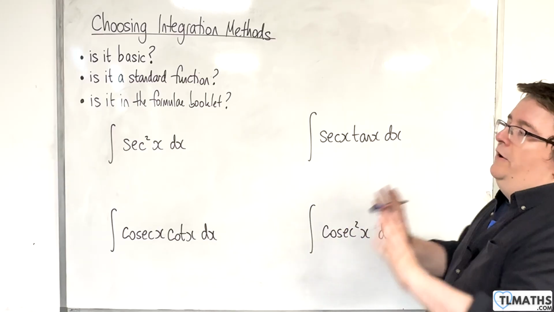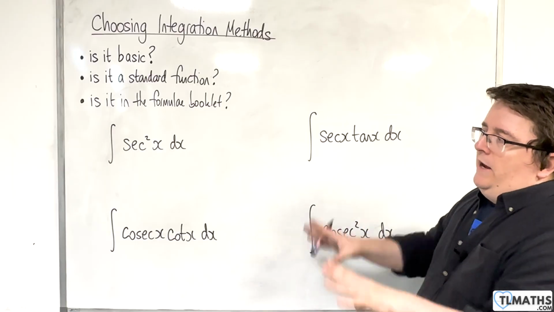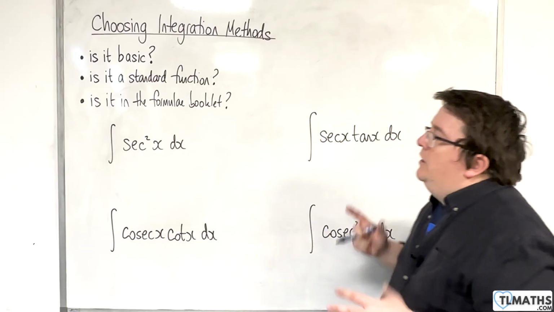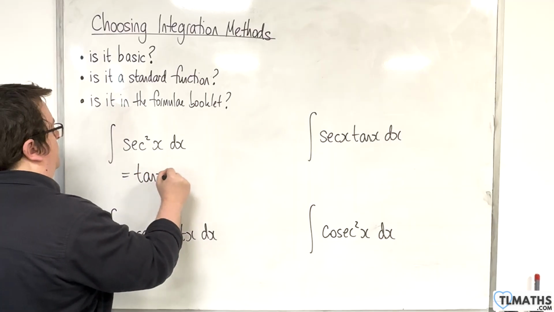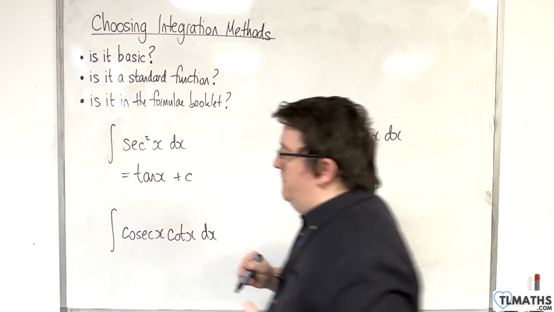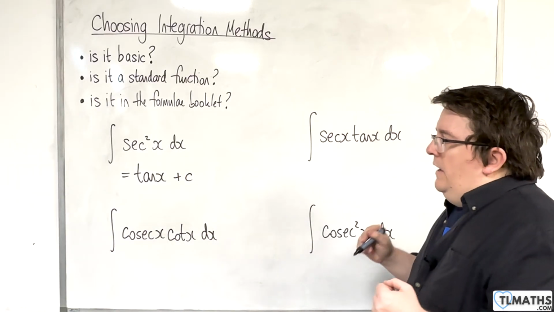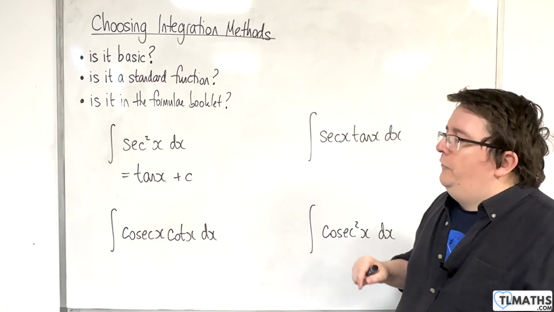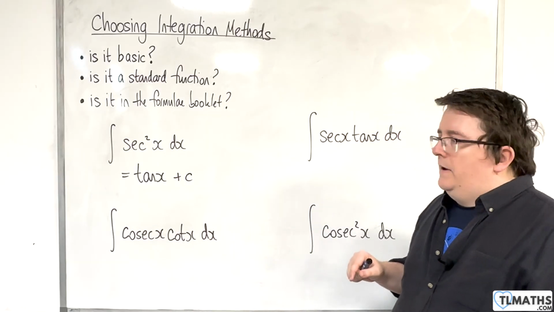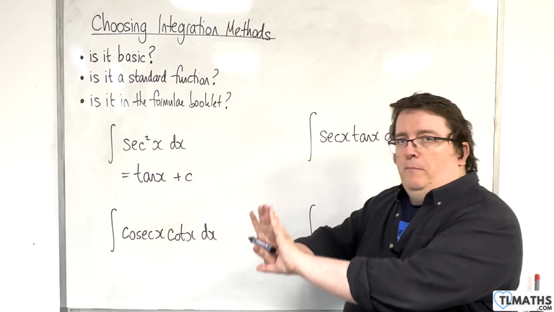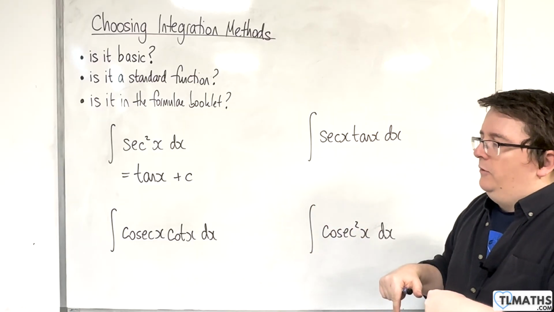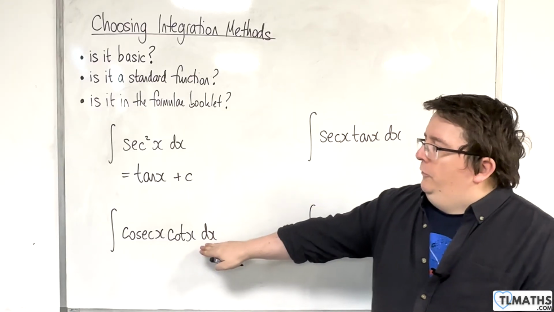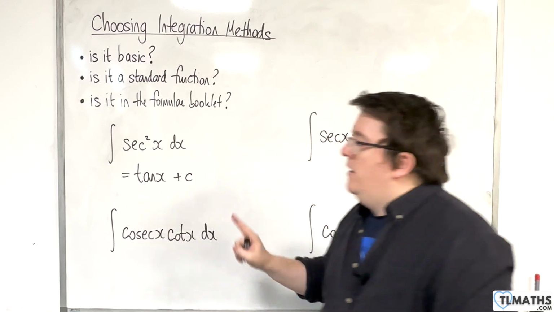So we can reverse the process. If you've got an integral of sec squared x, you should know that that is tan of x plus some constant c. If you've got an integral of cosec cot x, in the formula booklet it says cosec differentiates to minus cosec cot, so cosec cot must integrate to minus cosec.